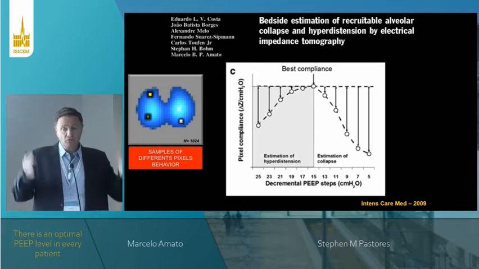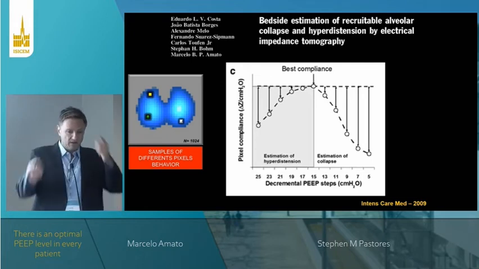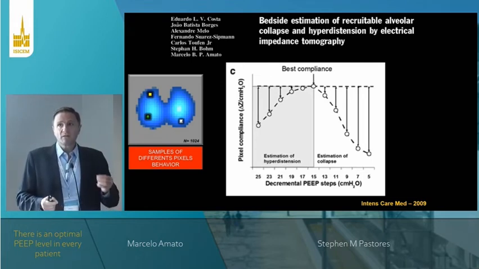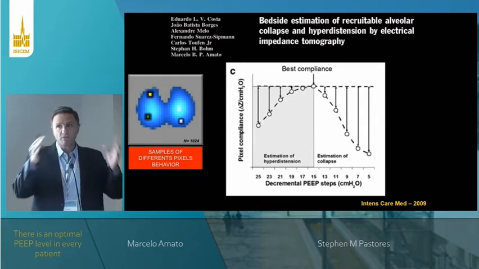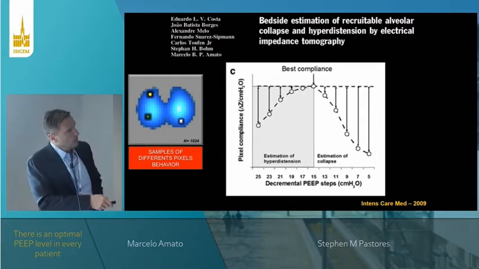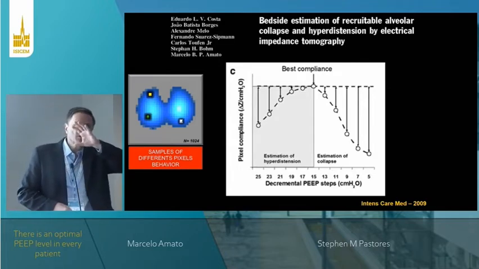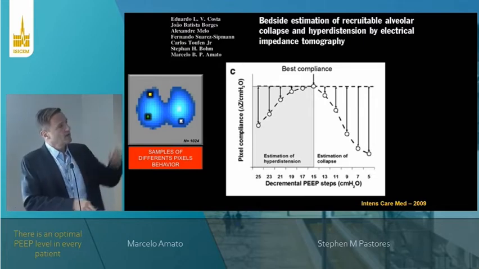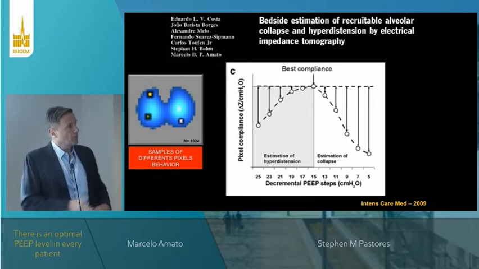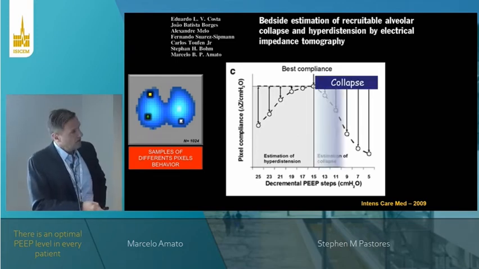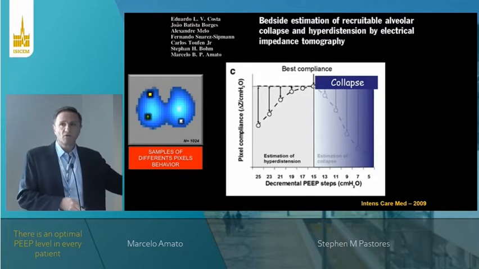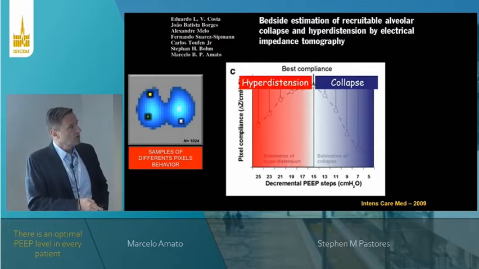The absolute numbers are very different depending on the position, but the changes in transpulmonary pressure are very similar all over the pleural surface. Which means that this curve can be considered precisely the equivalent of this isolated lung preparation, where I have a sharp point of best compliance, and if I'm below this point, I have collapsed units. If I'm above this point, I have hyperdistension.